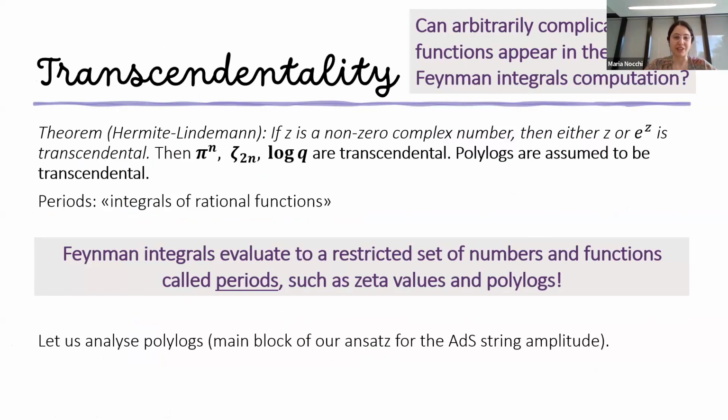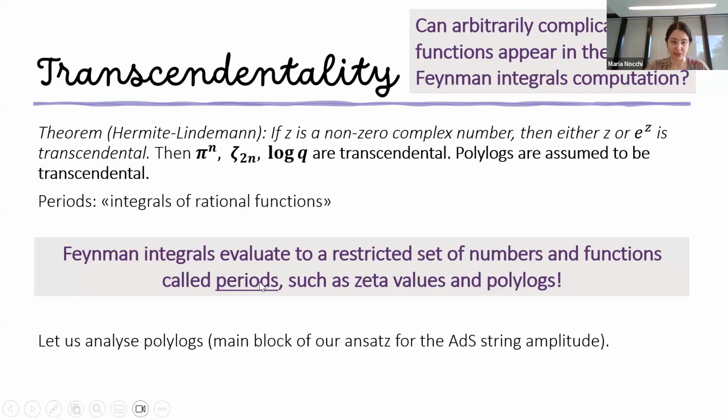And without going into the details, I would like to say that Feynman integrals evaluate to a restricted set of numbers and functions that are called periods, examples of which are the zeta values, polylogs, and that's what we need for today. But the key point is that it is not true that arbitrarily complicated functions can appear in Feynman integral computations, and indeed, just periods can appear. So let's see why this is linked to single valuedness and why this is linked to our project.